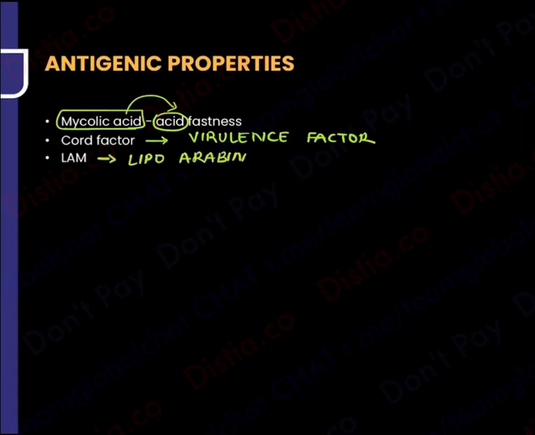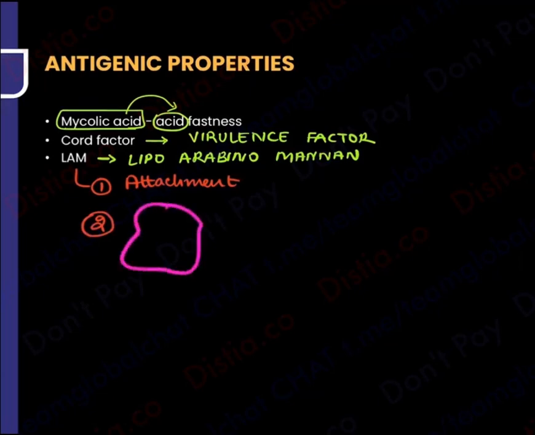lipoarabinomannan. LAM is going to be lipoarabinomannan, and please note that this is responsible for a couple of things. Firstly, it is responsible for the very, very important part, that is how the TB attaches to our cells. Second, it is responsible for this: have you ever wondered that whenever Mycobacterium comes inside our body, there will always be one cell which is ready to eat it up, that hungry cell always ready to eat it up? Macrophage.